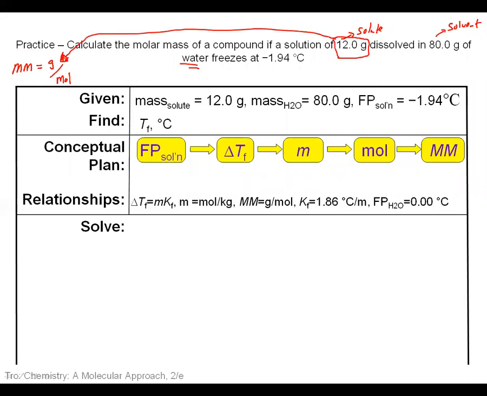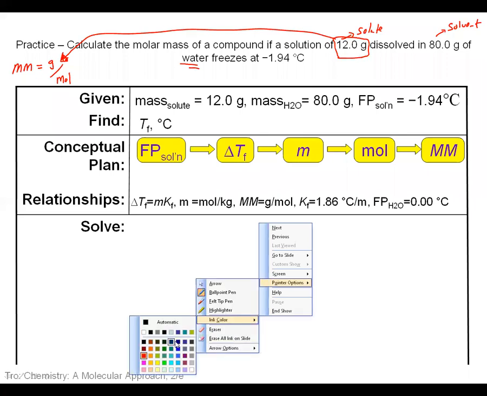So we actually have half of what we need given to us in the problem. What we need to do is figure out the moles part of it, and the moles part is going to come from the freezing point information.